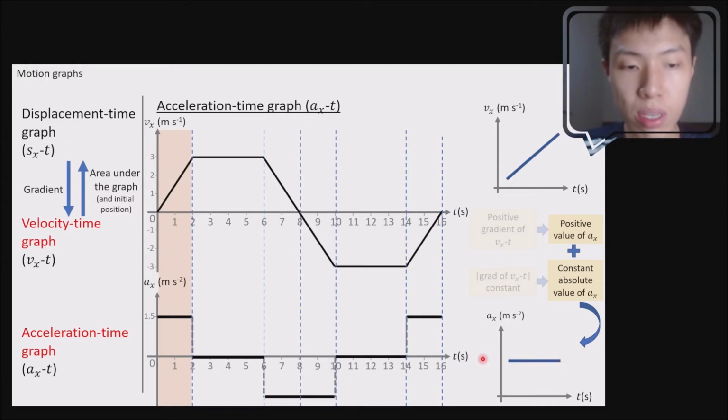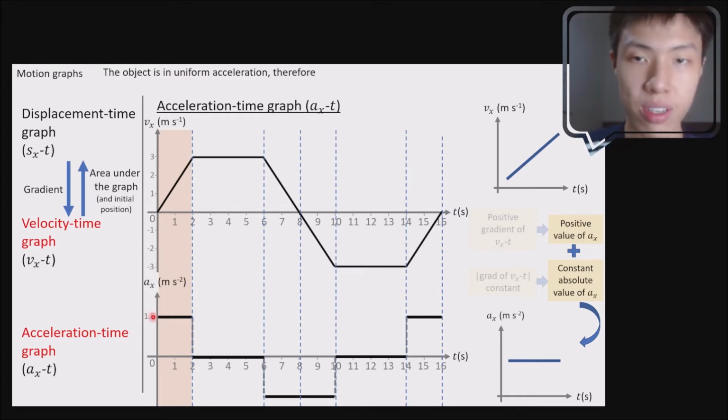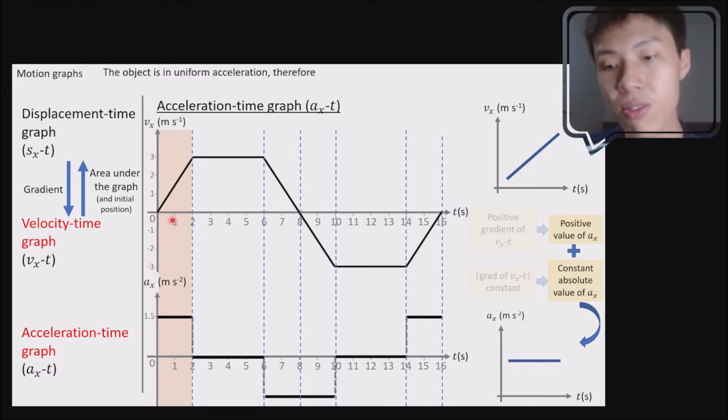So how do we determine the value of acceleration that we should label over here? Well, again, the gradient in the VT graph is the acceleration that we get. So if you can find the gradient over here, that means we have already found the value. I plot here 1.5. How do I get it? Let's check it out. This is a uniform acceleration.